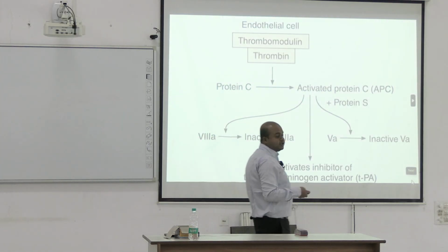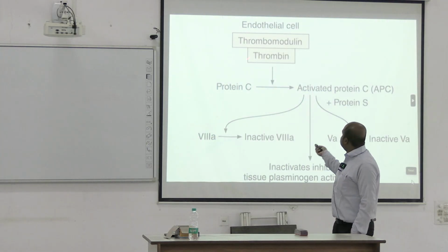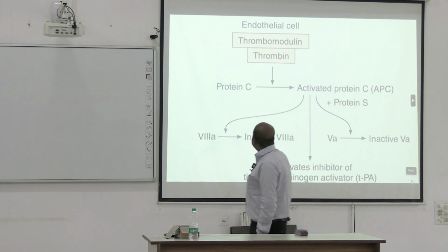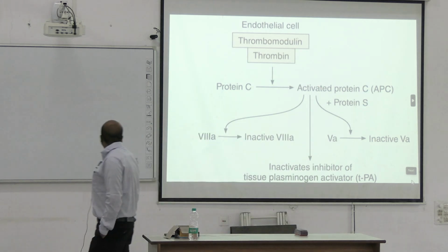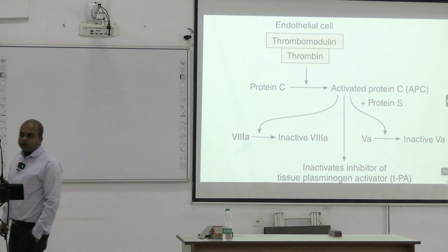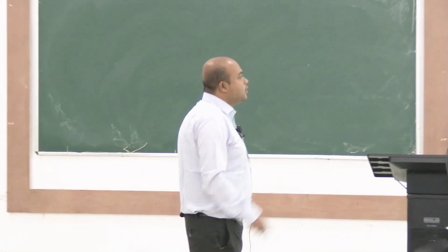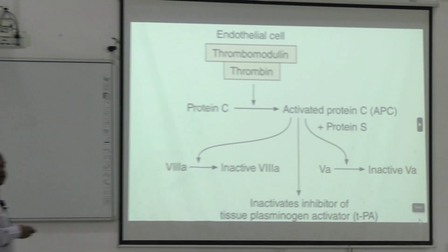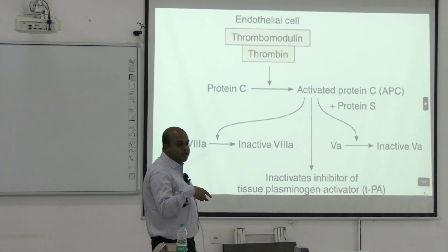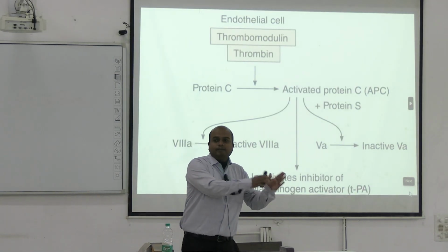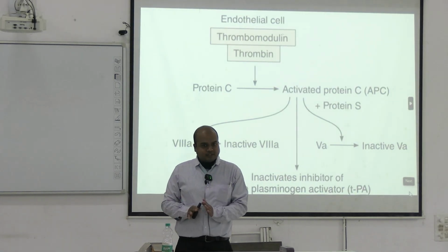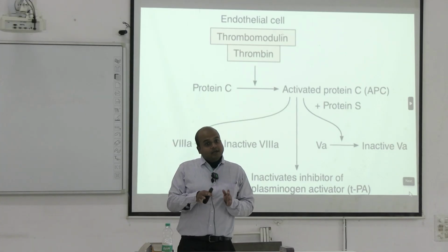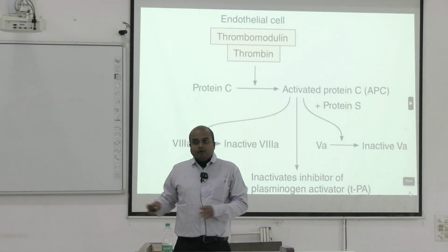So this is again the same thing: protein C is activated by the thrombomodulin-thrombin complex, with protein S as a cofactor. These are not allowing activated factor 5 or activated factor 8 to form. See what tissue plasminogen activator is doing: converting plasminogen to plasmin for fibrinolysis. Now there is something called the inhibitor of tissue plasminogen activator, so that will be procoagulant.